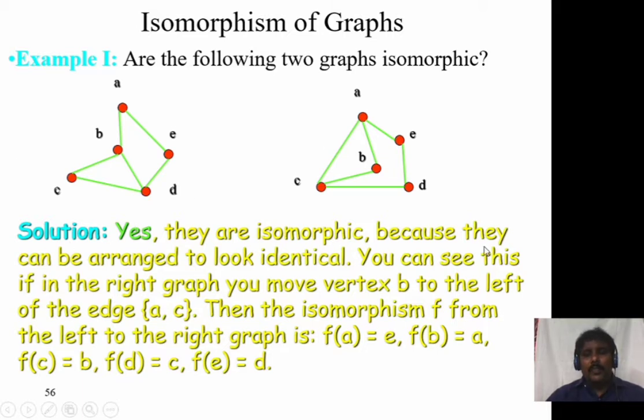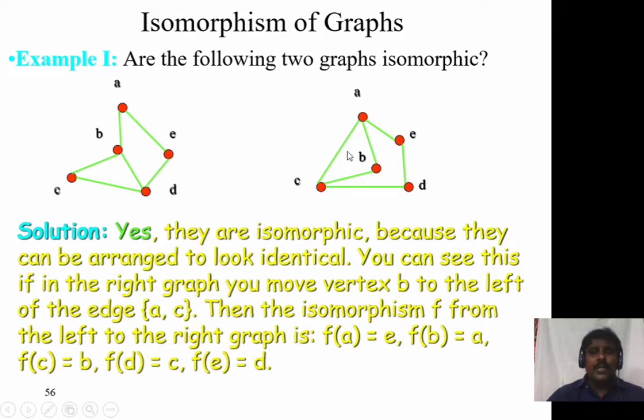Yes, they are isomorphic because they can be arranged to look identical. Both represent the same graph. You can see this in the right graph: you can move the vertex B to the left, with an edge from A to C. Being isomorphic means they have the same properties.